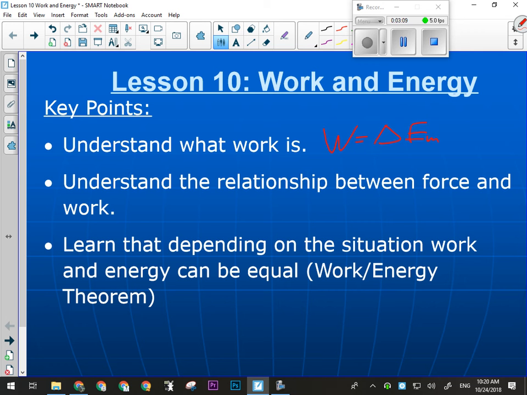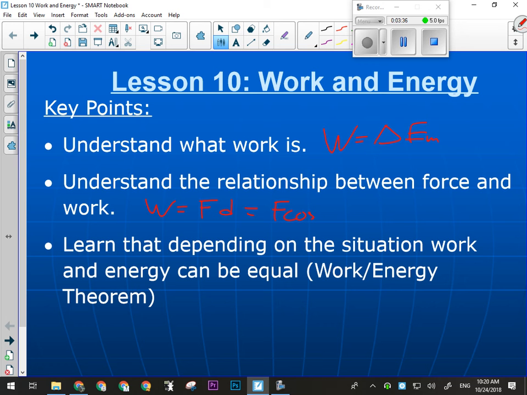We need to understand the relationship between force and work, and that's the formula that you learned last year. Work is force times distance. In Science 10, you learned it just that way because you only did one-dimensional problems. What we're going to add into that is that sometimes force can be vectored in a different direction than the work.